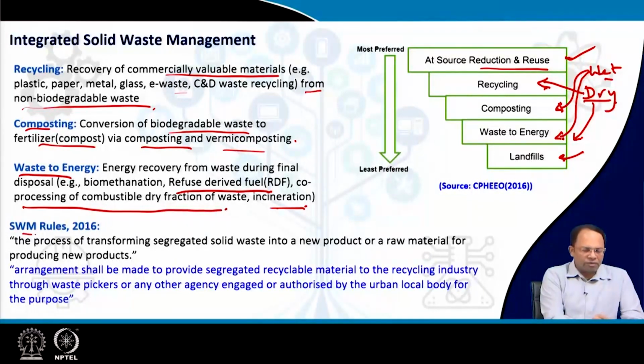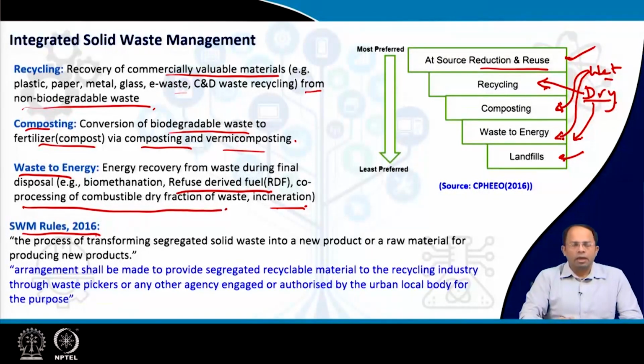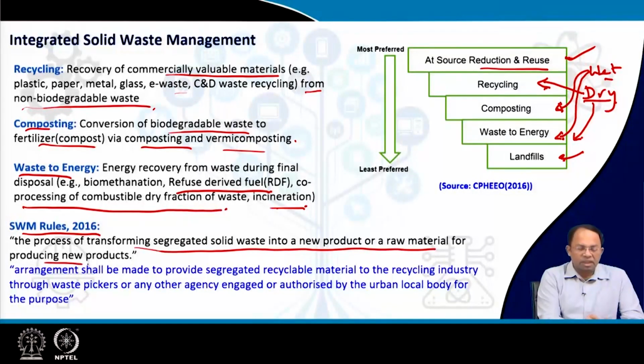So coming to the Solid Waste Management Rules 2016, what it states about recycling is the process of transforming segregated solid waste into new products or raw material for producing new products. So directly we can make it into a product, or we can create raw material using which we can create a product.